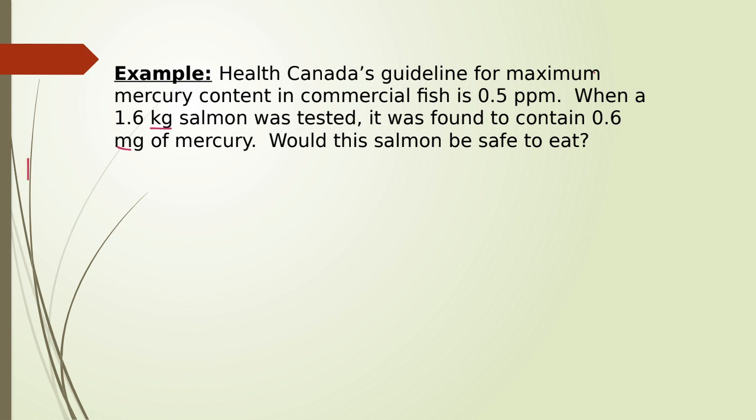So we talked about this back in Unit 3. Remember that 1 kilogram equals 1,000 grams. And remember that 1,000 milligrams equals 1 gram. You need to know these, okay? You need to know those conversions. So why don't we do the 1.6 kilogram first? So if we are taking 1.6 kilograms and we want to convert to grams, I want to set this up so that my kilogram unit is going to get canceled out.